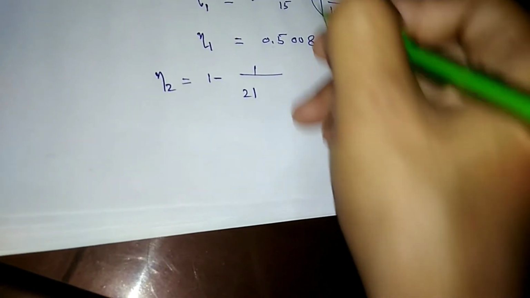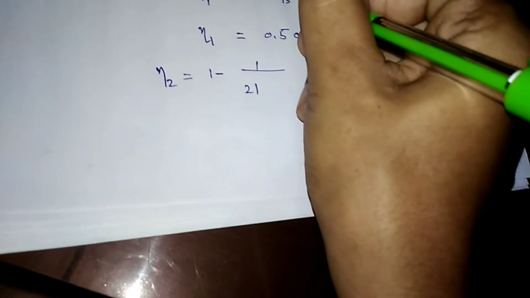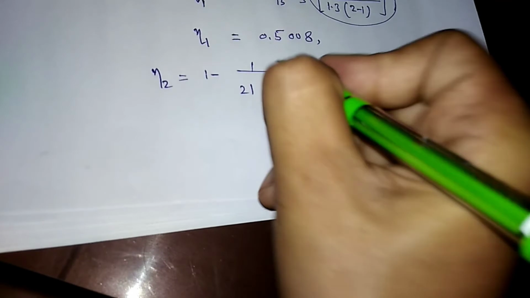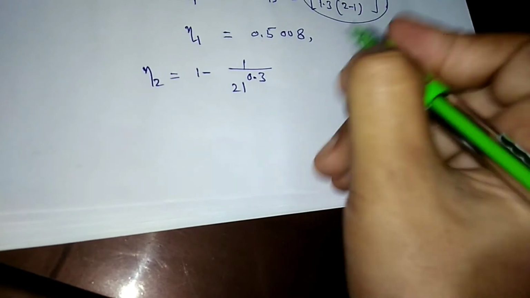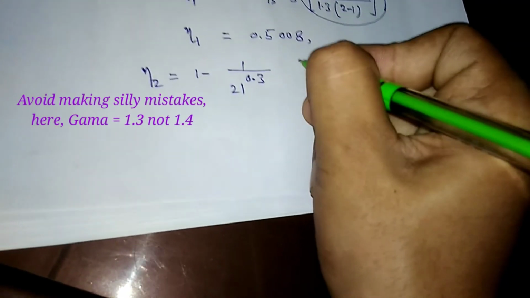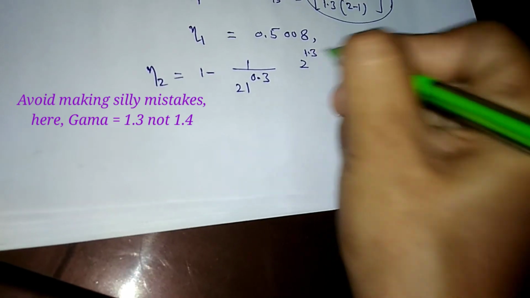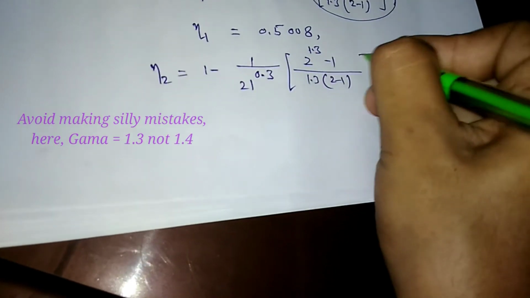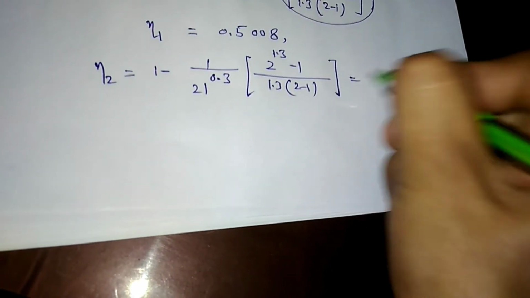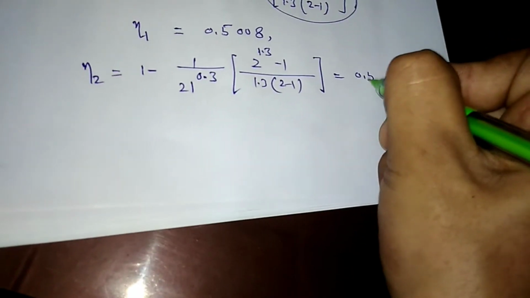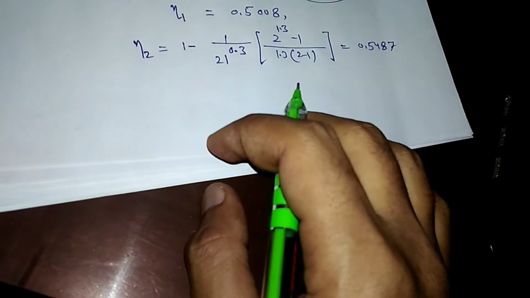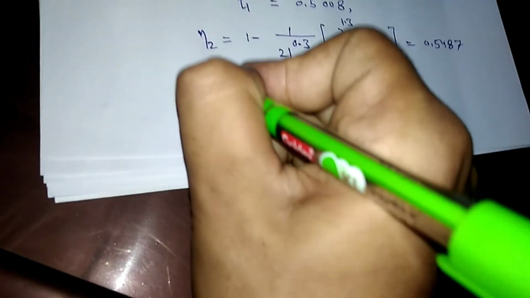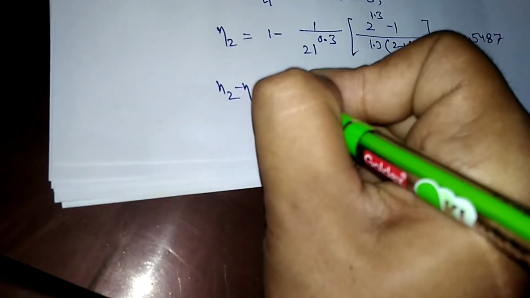Gamma minus 1 will be equal to 0.3, since gamma is 1.3 minus 1. This value will remain the same, 2 to the power 1.3 minus 1 upon 1.3 into 2 minus 1. When we calculate, this value will be equal to 0.5487.